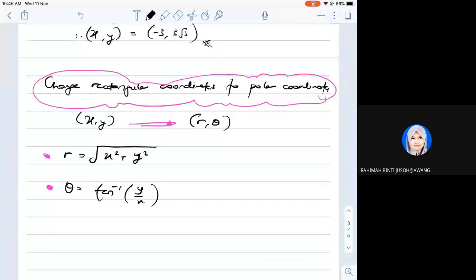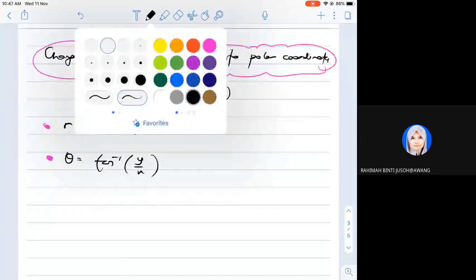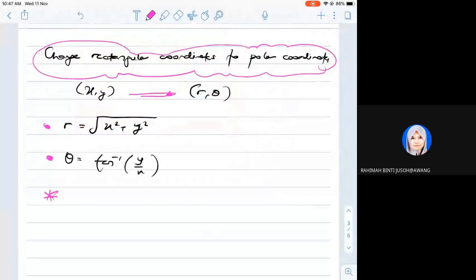For this case, I give you tips. Better tips: plot the coordinate first before you calculate. Okay.